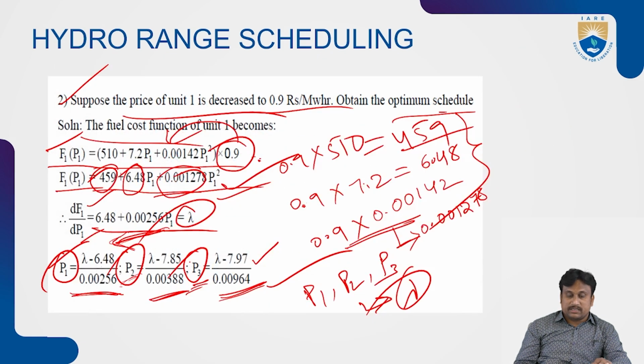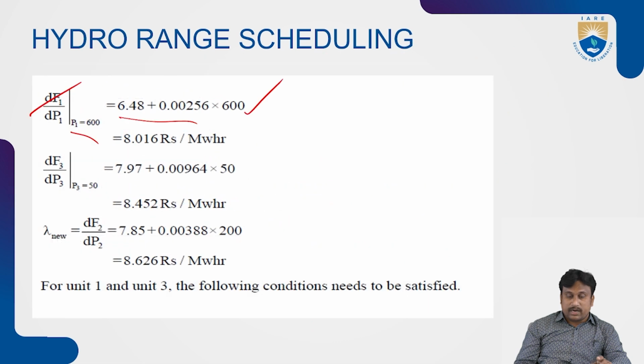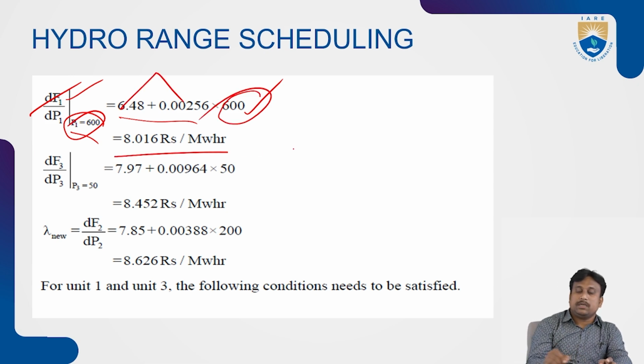So from this relation, 6.48 plus 0.00256 P1, we are going to get a value of dF1 by dP1 at the rate of P1 600. So that 600 we substituted. So adding these two, then you are getting 8.016 rupees per megawatt.